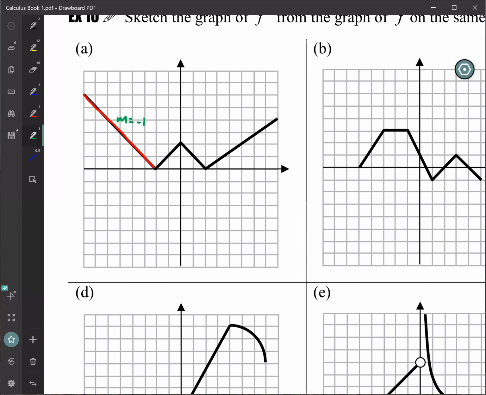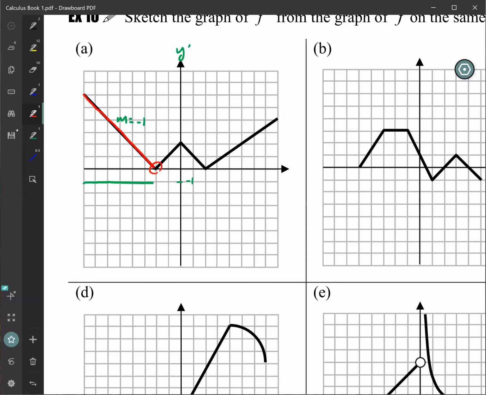So I'm going to draw, we are using the vertical axis as y prime. All the vertical values are slope, so -1 is the slope. And then it will stay as -1 slope until this point. But then at this corner here, because that's a pointy part, there are many ways to draw the slope.